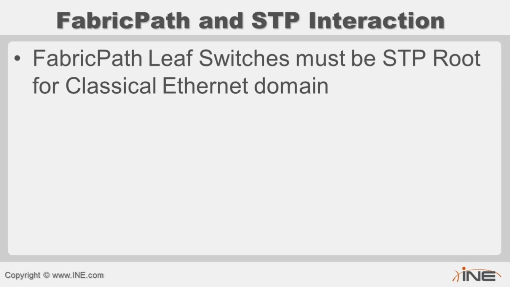So spanning tree does not span over FabricPath, and that's one of the advantages of the new control plane with IS-IS, that we don't have to have a large spanning tree domain, which means that our failure domain is smaller. Ultimately, if there is a layer 2 failure, like a layer 1 link cut or some sort of layer 2 crash, the entire spanning tree network does not need to reconverge.